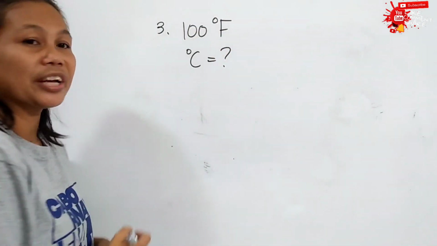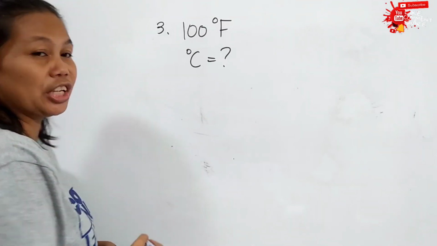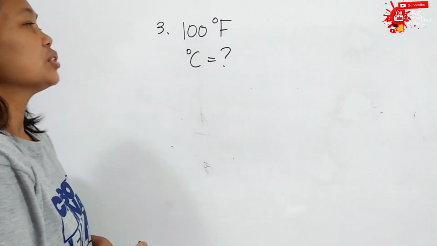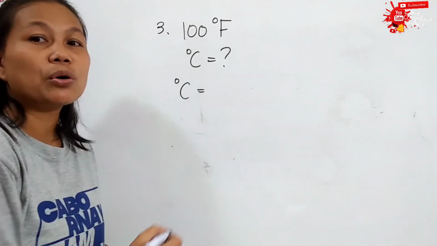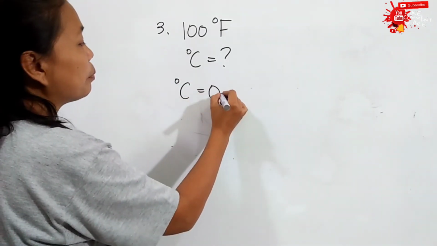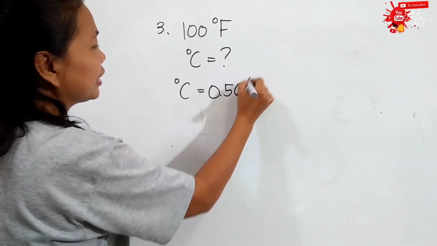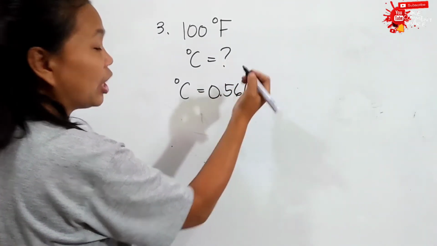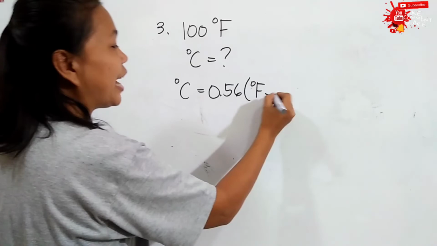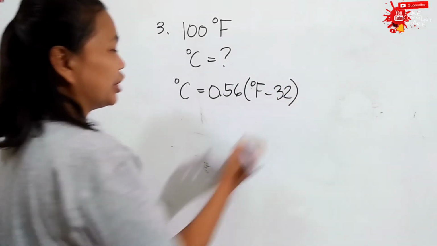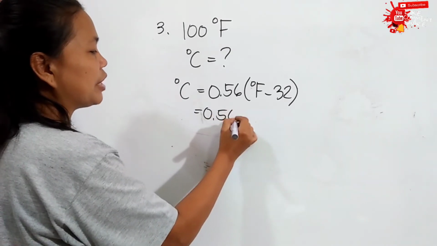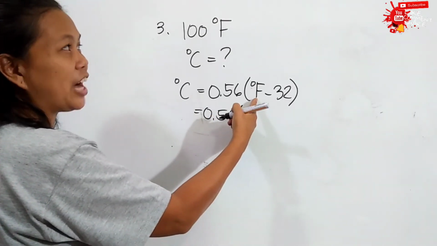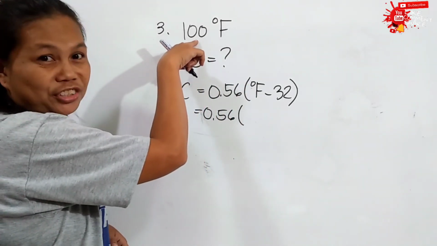What formula are we going to use? We will use degree Celsius is equal to 0.56 times the quantity of degree Fahrenheit minus 32. Now let us substitute the given measurement in degrees Fahrenheit, which is 100.